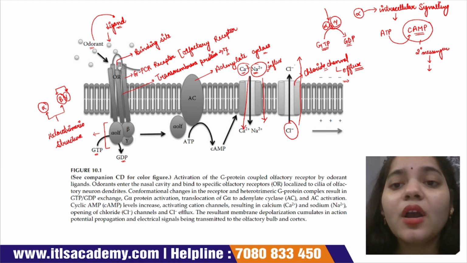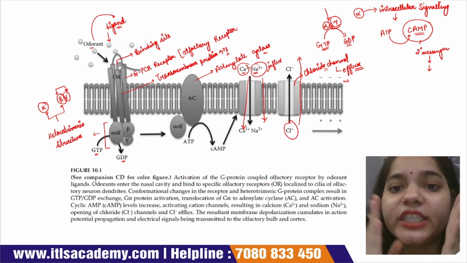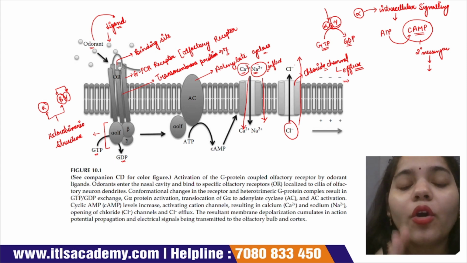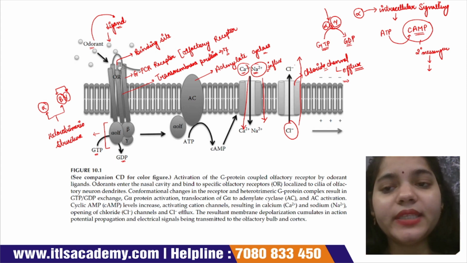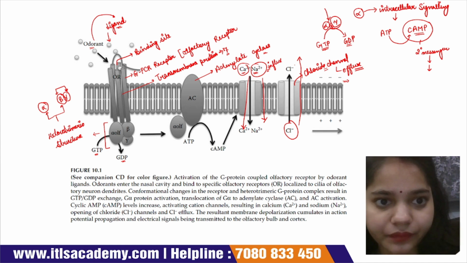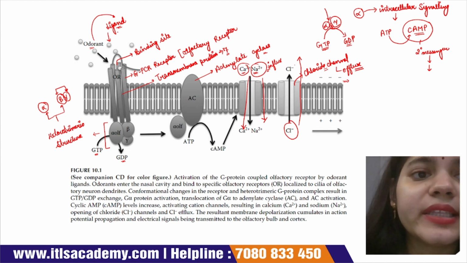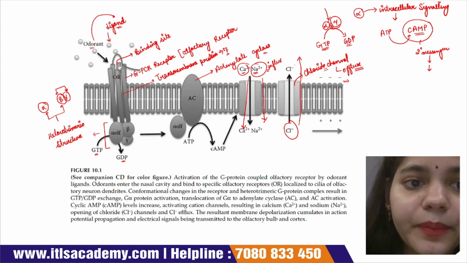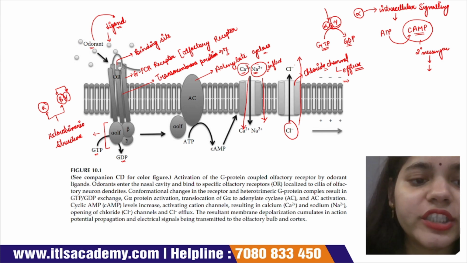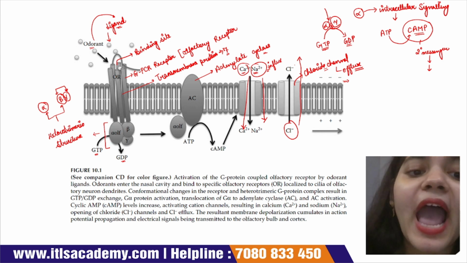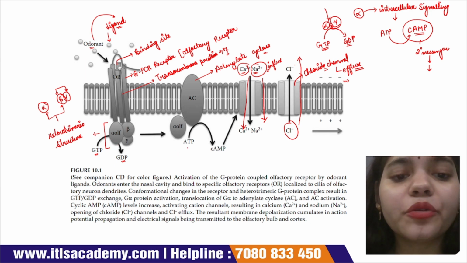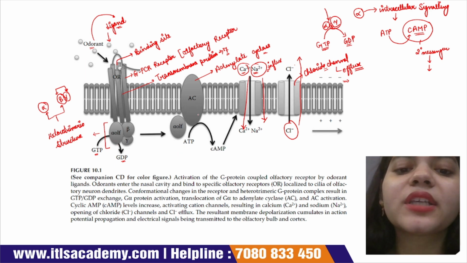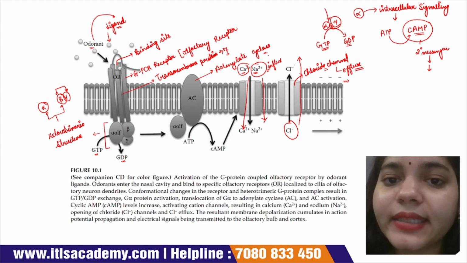This is the whole process of the olfactory GPCR receptor. In this process, first the ligand binds to the receptor, then GTP is converted into GDP, the alpha subunit will dissociate, and ATP is converted into cyclic AMP with the help of the adenylate cyclase enzyme.